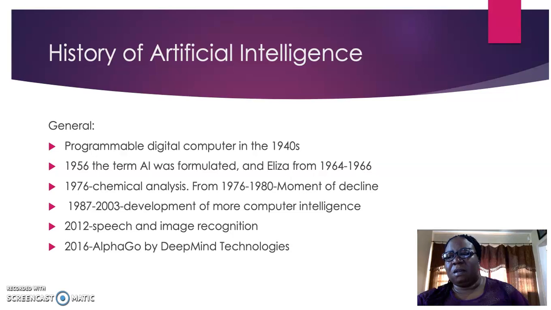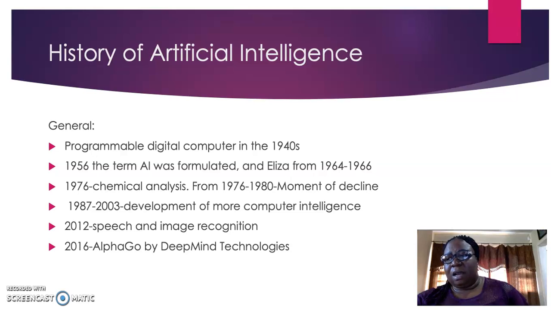From 1964 to 66, the first chatbot, called Eliza, was designed, which posed as a psychotherapist, followed by a computer program that interpreted chemical analysis, published in 1976. The period of 1976 to 1980 saw a decline due to lack of government funding and lack of interest.